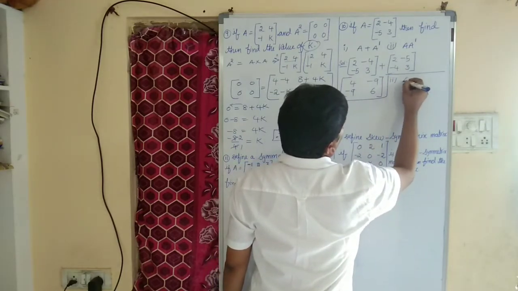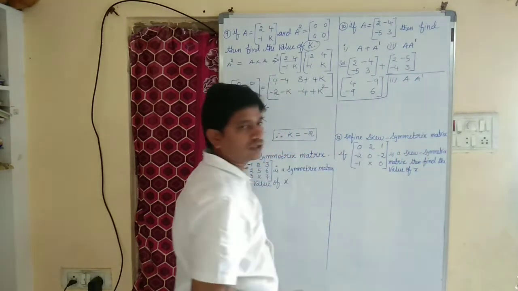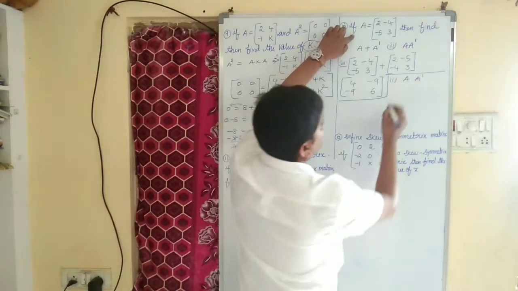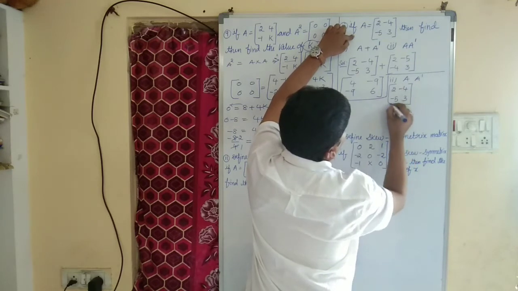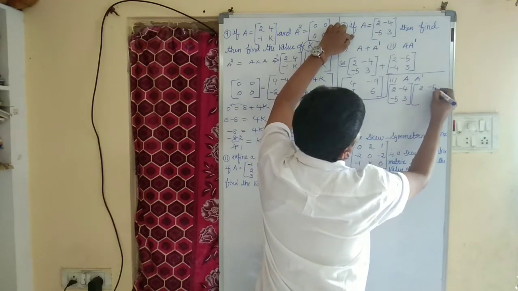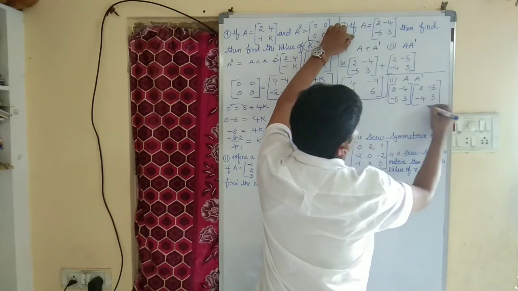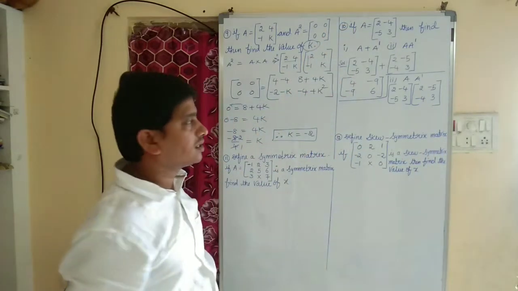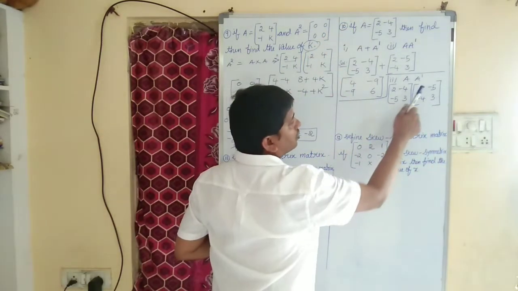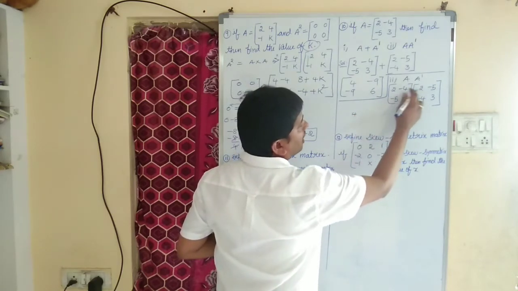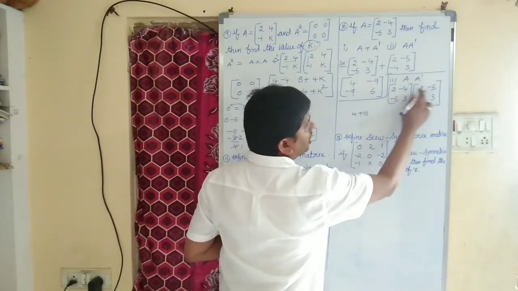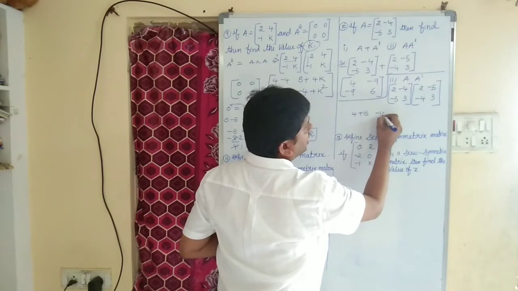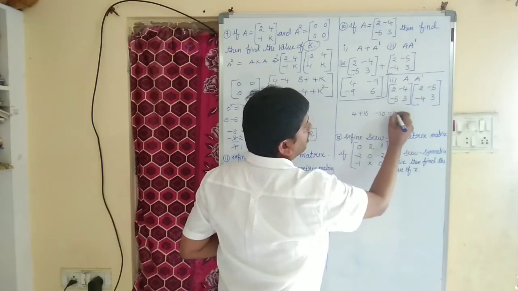Second one, A into A transpose. As we know, A is 2, minus 4, minus 5, 3, into A transpose, which is 2, minus 5, minus 4, 3. Multiplication of two matrices, right? 2 into 2, 4; minus 4 into minus 4, that is plus 16. Again 2 into minus 5, minus 10, plus minus 4 into 3, minus 12.